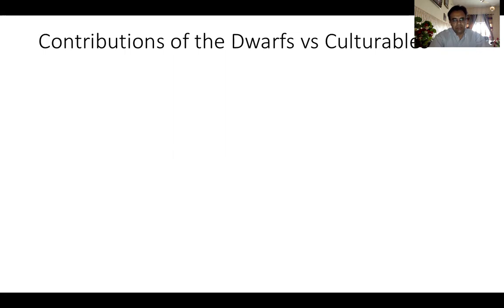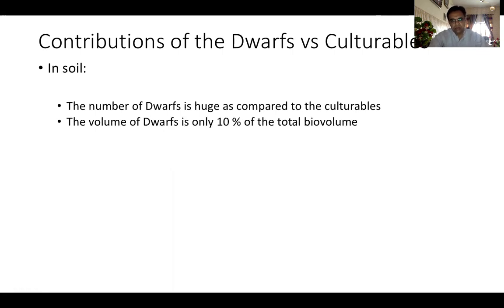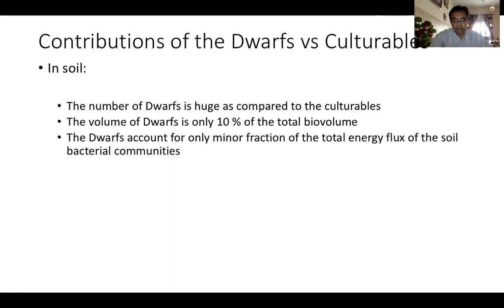If we see here in soil, the number of dwarfs is huge as compared to the culturable. The volume of dwarfs, however, is only 10% of the total biovolume. So this is very important. Although more than 95% are dwarfs, they only contribute 10% of the total biovolume.